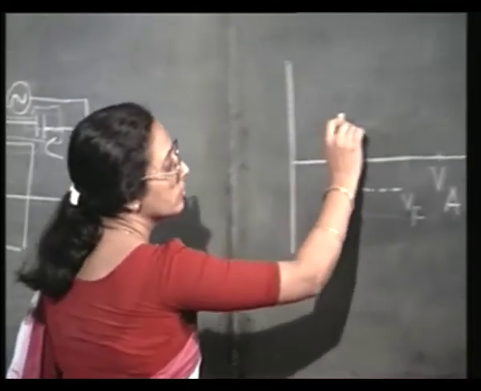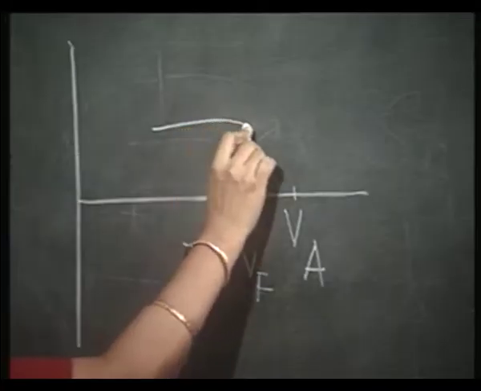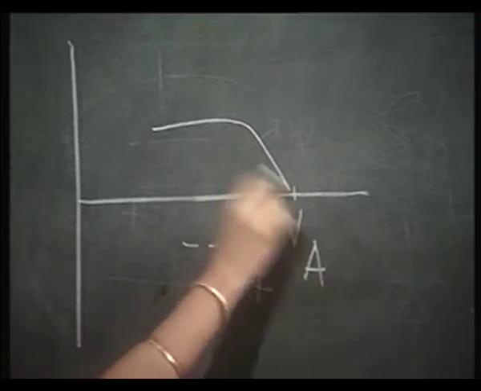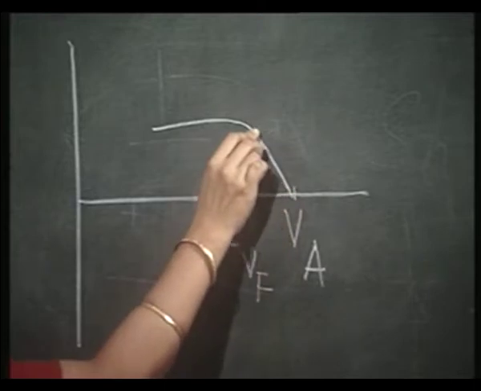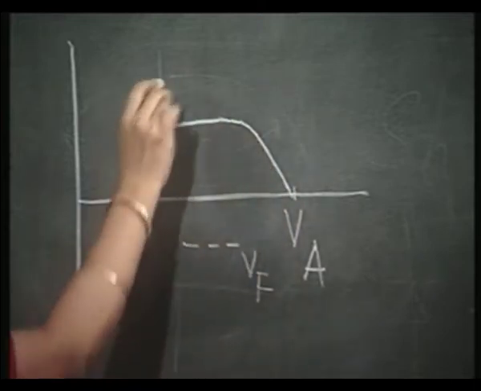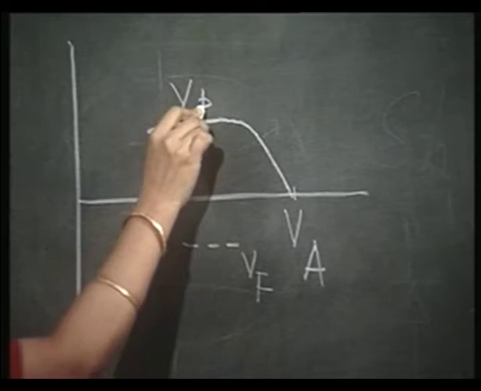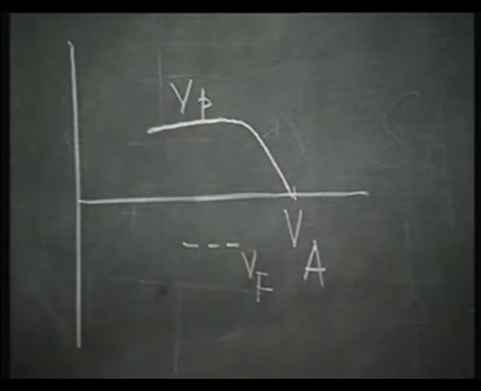So, from the anode as I move towards the cathode, it is actually taking a path like this. Anode is at 0 potential, then in the central part of the plasma I have a potential that is Vp, a positive potential.